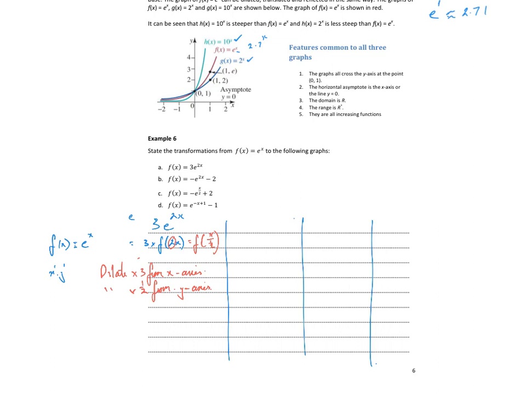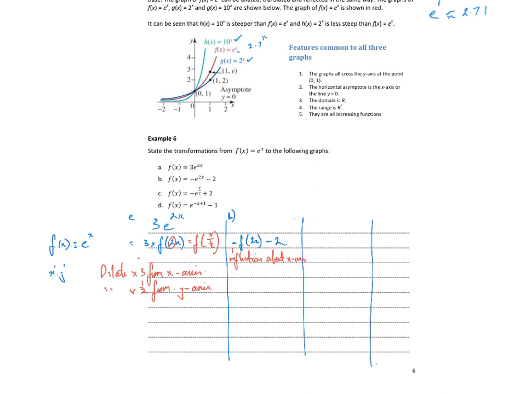What would b become? b would become negative f of 2x minus 2. So we've got a reflection about the x-axis because it flips upside down.